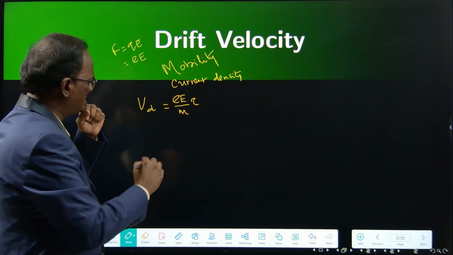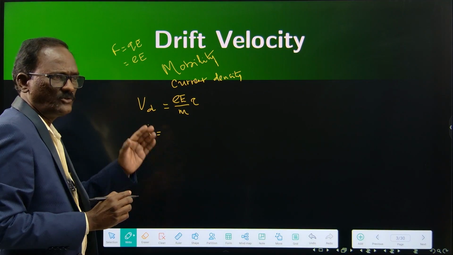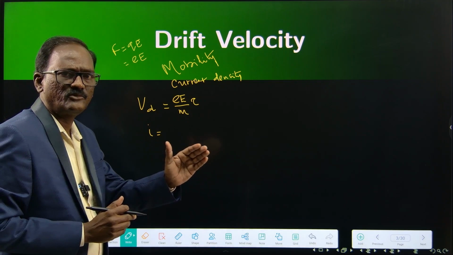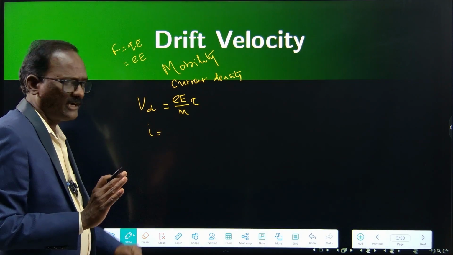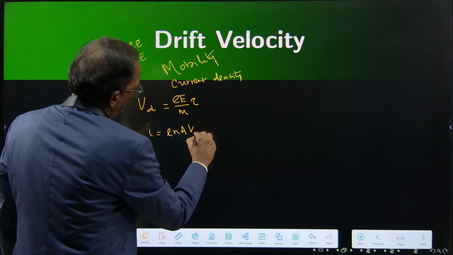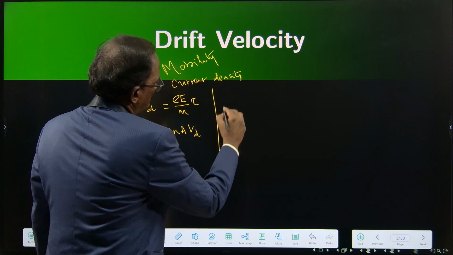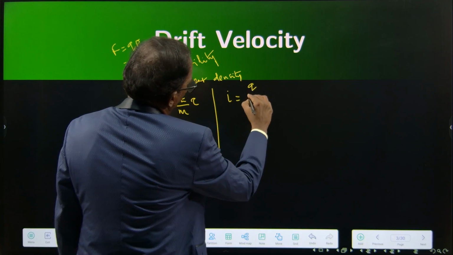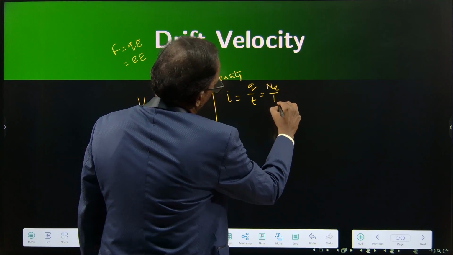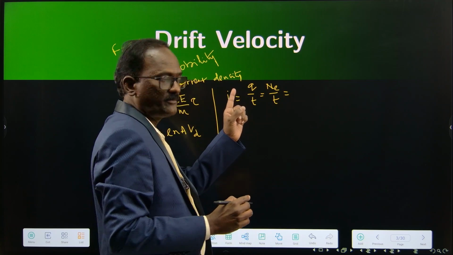Then from here, we found the current I. Once velocity is there, the electrons will start moving. If the electrons start moving, current will be there, right? I is equal to ENA Vd. It is simply I is equal to Q by T. In our case, it is Ne by T, where capital N is the total number of electrons.